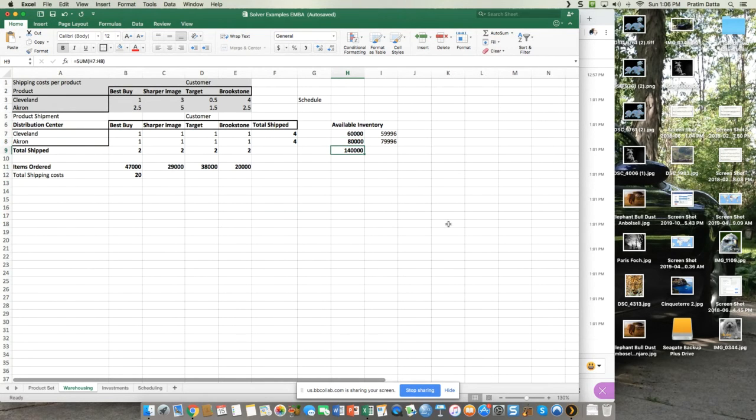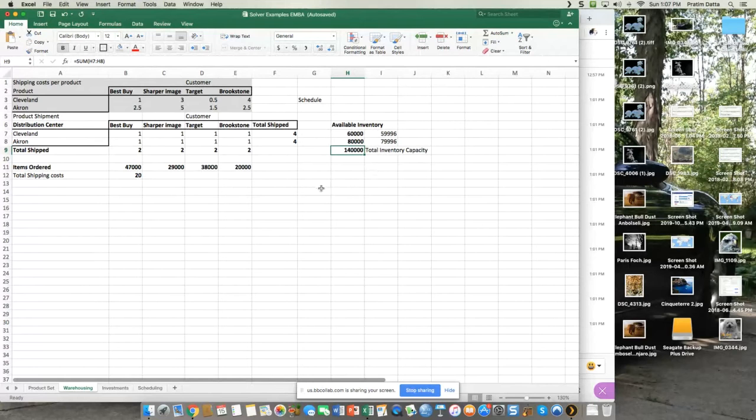Which means the total inventory capacity that they can have on hand is 140,000 units, right? 60,000 in Cleveland, 80,000 in Akron. Now this is very important because, frankly speaking, you can't ship more than what you can hold, right?